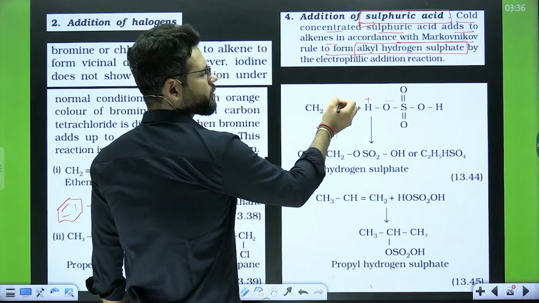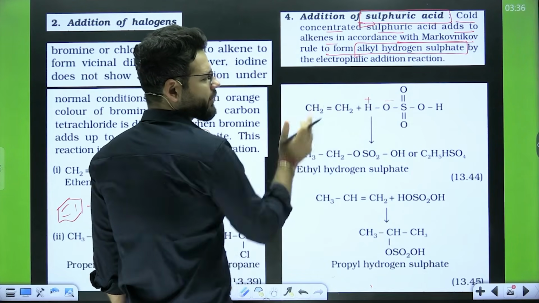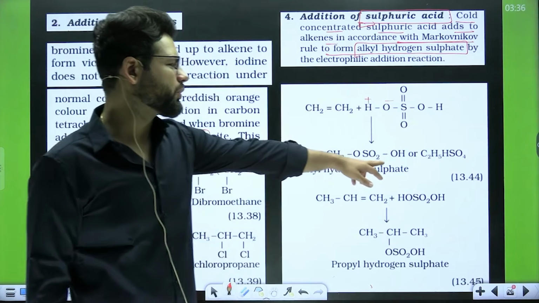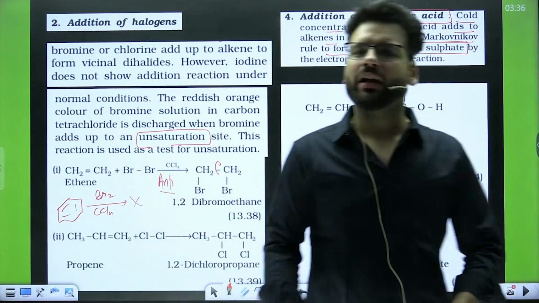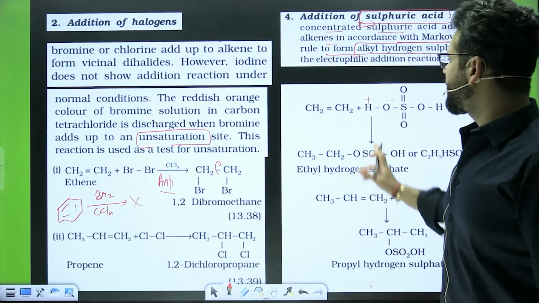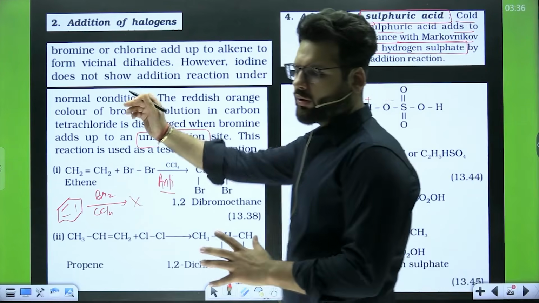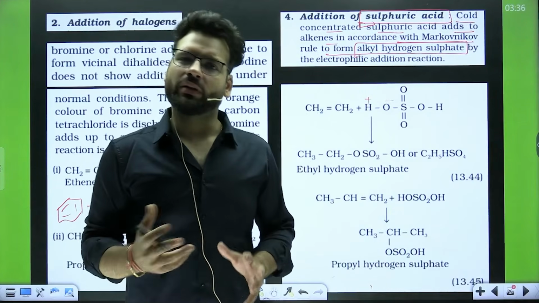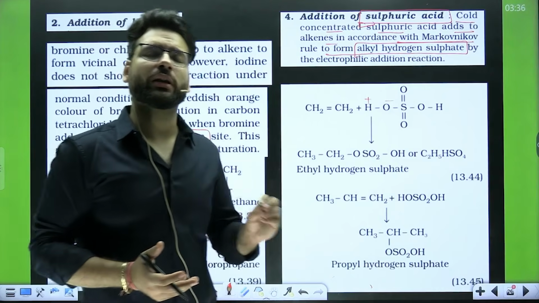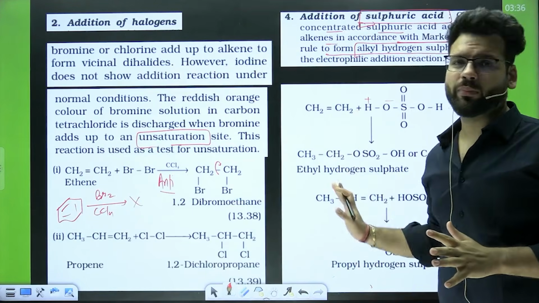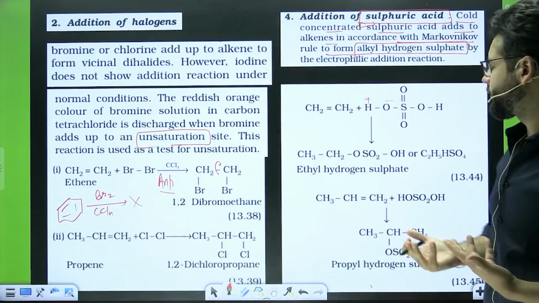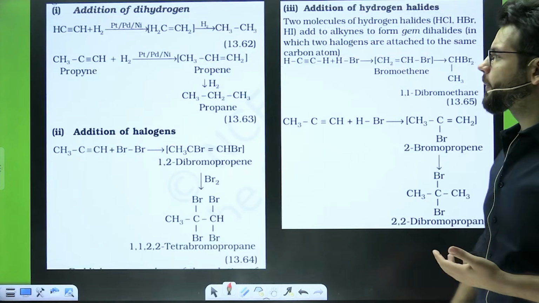So here H plus goes to one of the carbons, and the other carbon takes the OSO3H. This is the one. If I heat it further, again it will become alcohol, because it is the same as the hydration reaction, where you were also taking sulfuric acid, but that was dilute sulfuric acid, majorly water. Here we have taken only sulfuric acid, no water present. So we say concentrated sulfuric acid. Okay, so this is the one.